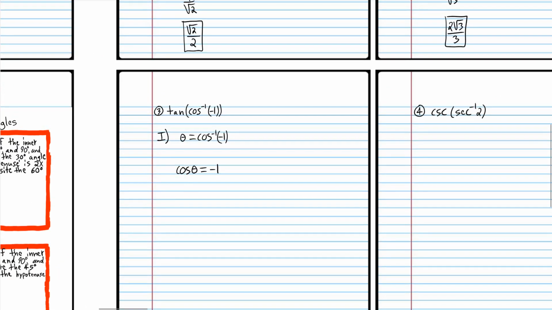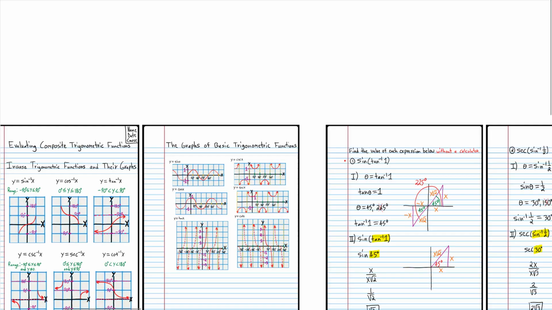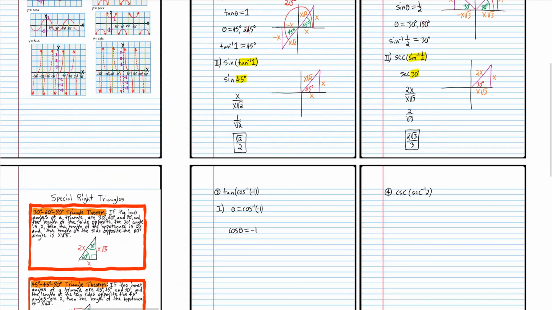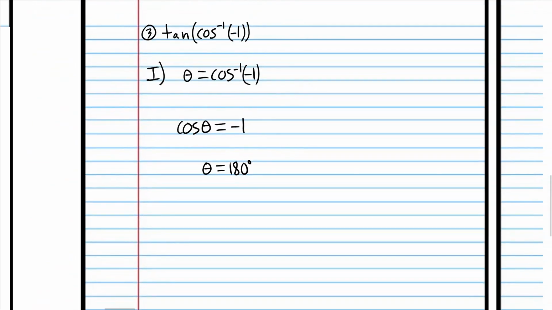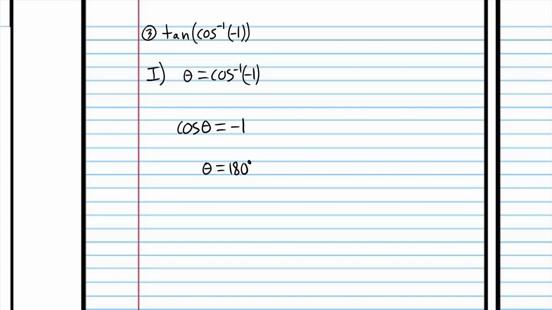So theta has to be equal to 180 degrees. Okay, so we found that cosine inverse of -1 is equal to 180 degrees.